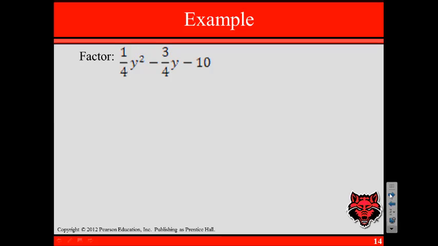Let's try an example where we have fractions. So we want to factor 1/4 y squared minus 3/4 y minus 10. A hint for a problem that is leading with a fraction: let's factor that fraction. So we want to factor out 1/4.